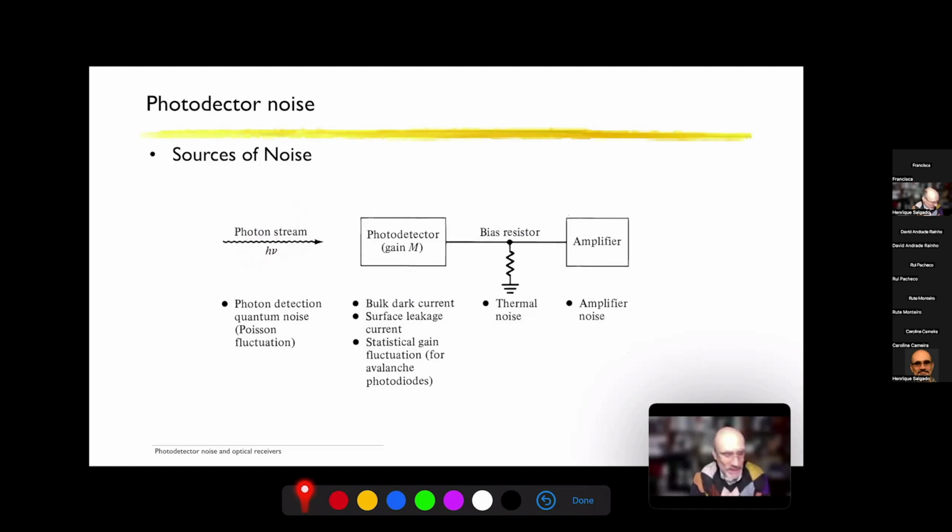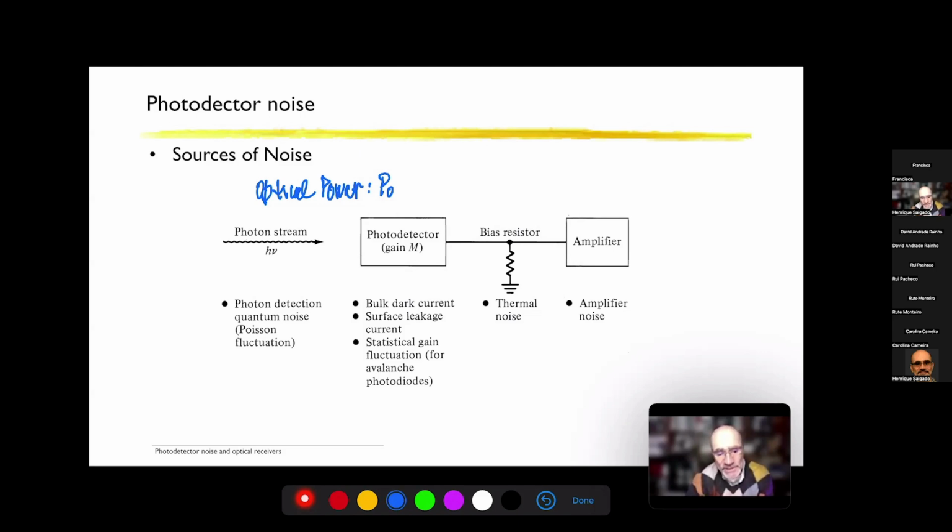For a specific optical power, and even for a constant optical power, the number of photons hitting the photodiode is actually statistically dependent and follows a Poisson statistics or Poisson fluctuation, which means there's an average optical power incident at the photodetector, but the actual number of photons hitting the detector actually changes over time, although the average power is constant.